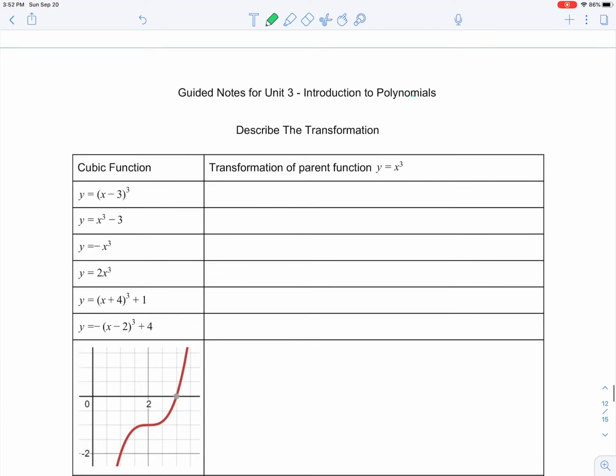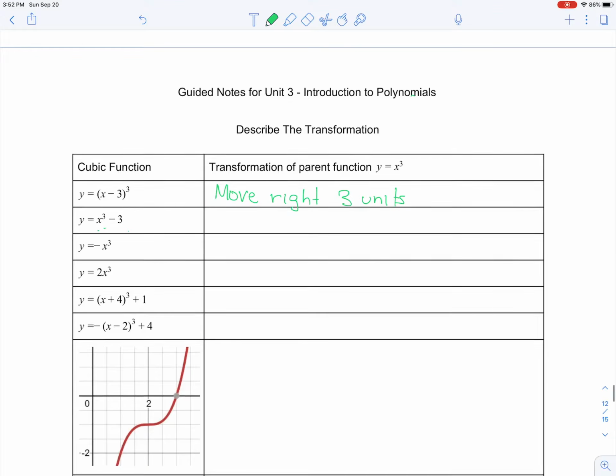So we transform this just like we've done in the past. To transform, if I have y equals (x minus 3) cubed, the transformation that's happening is that it is moving right 3 units, because remember, the inside does the opposite of what we think. Notice the difference between the first example and the second example.